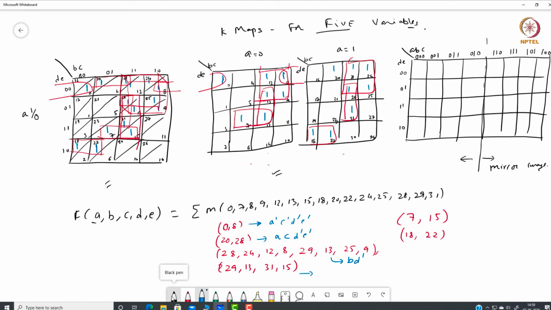For 29, 31, 13, 15, that means this particular cube, A is again a variant part.